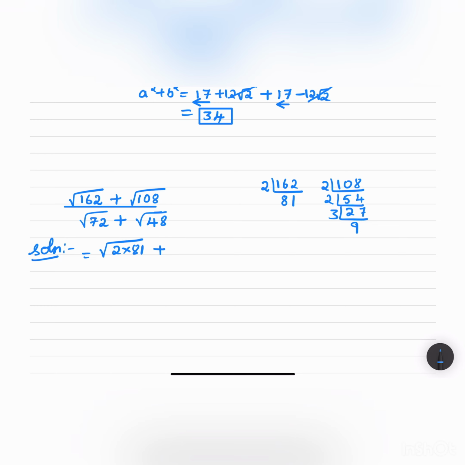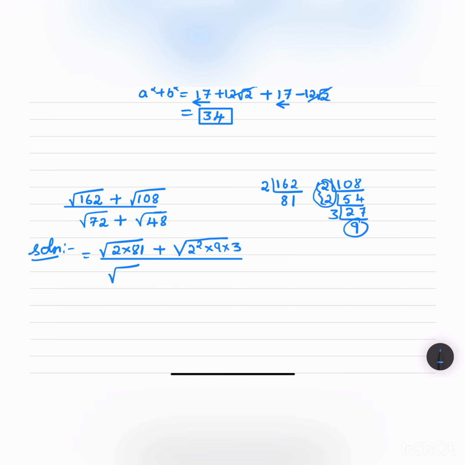So we'll write this as 2 square into 9 into 3. 9 is a perfect square number, and this 2 square is also a perfect square number.